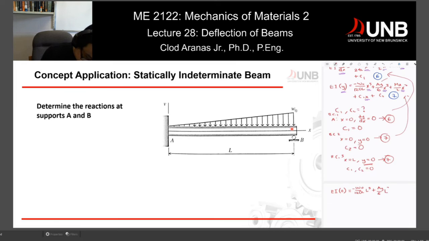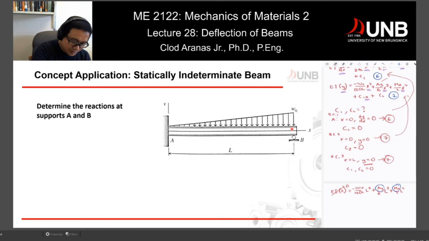Now your x becomes L, and then you have M sub A divided by 2 L squared instead of x squared, and then everything will be 0 out right there. By just looking at this equation, this one would become 0. So we have two different unknowns here, which are AY and MA.